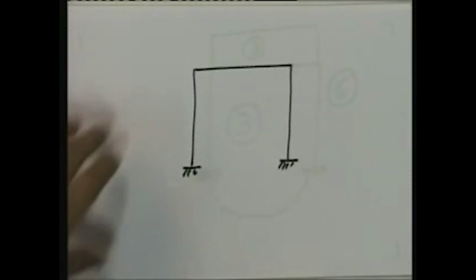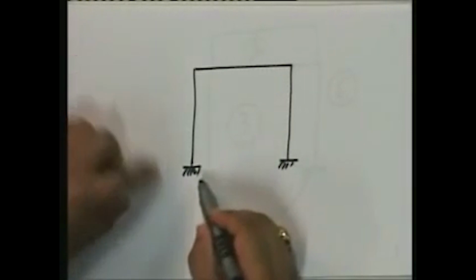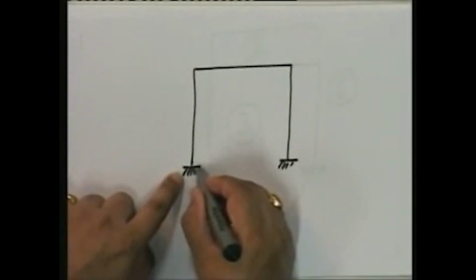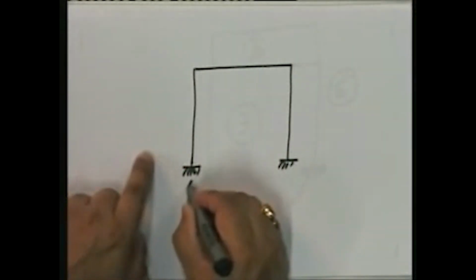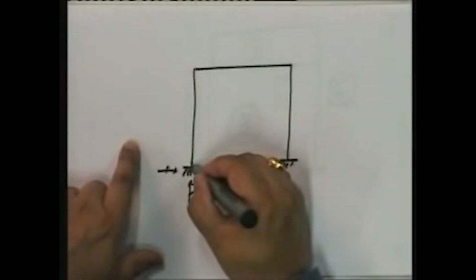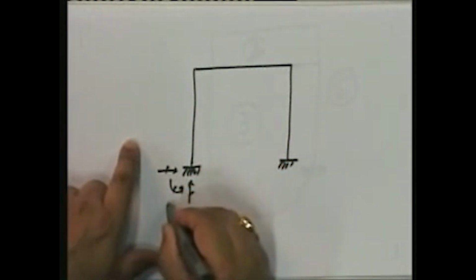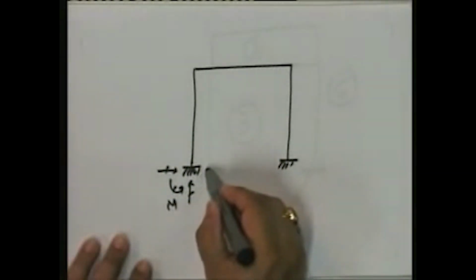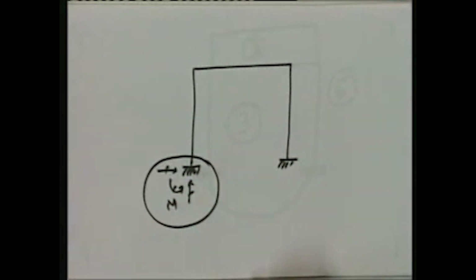Okay. Now, let me start releasing some of them. Let me see, what does a fixed end have? A fixed end stops this point from moving in this direction. So it has 2 unknown support reactions. Plus, at this point, the joint cannot rotate. In other words, it can generate a moment. So, a fixed support has 3 unknown reactions.